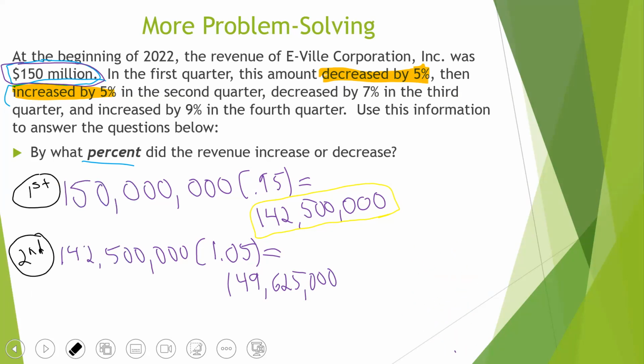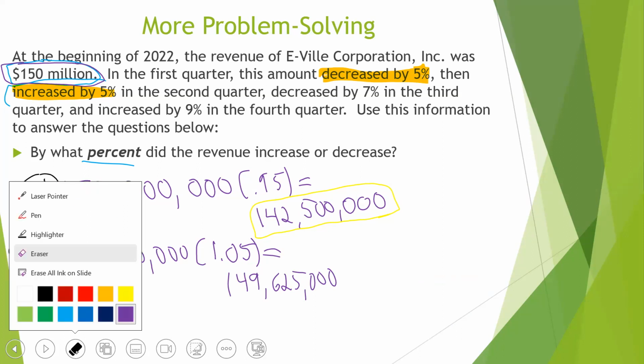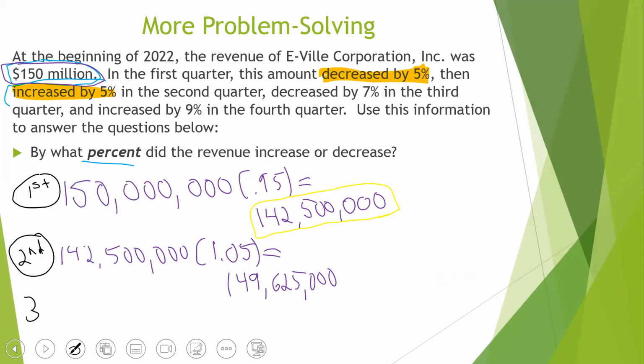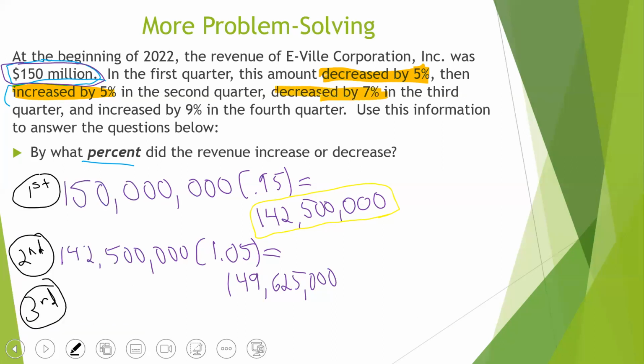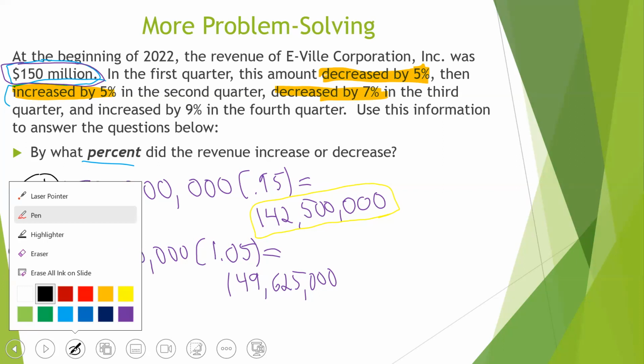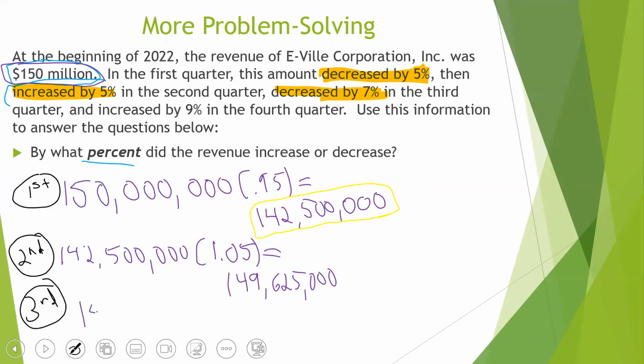And then we can continue on from there, as you might guess. So in the third quarter, the problem tells us that the revenue had decreased by 7%, which means that new quote starting value, the 149,625,000, has decreased by 7%. And if we again think of the full amount as being 100%, if it decreases by 7, it goes down to 93%.